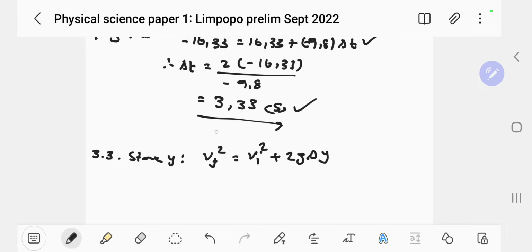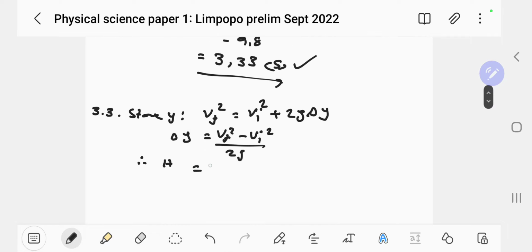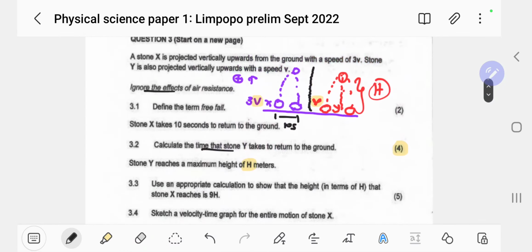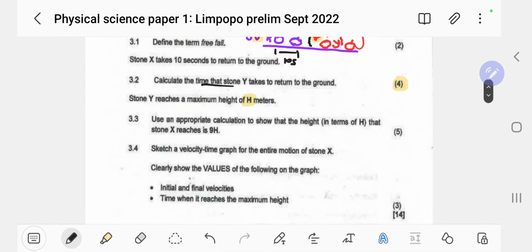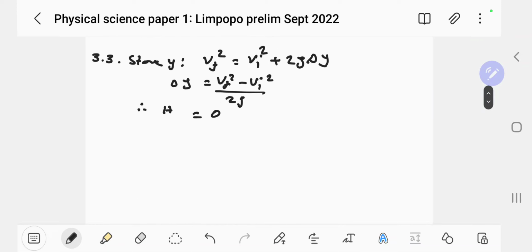But we want y, so we can say delta y is going to be our final velocity squared minus initial velocity squared divided by 2 into g. This therefore tells us that our h, the height they told us, with the final velocity at the highest point always being 0, is going to be 0 minus the initial velocity, 16.33, squared, divided by 2 into minus 9.8.